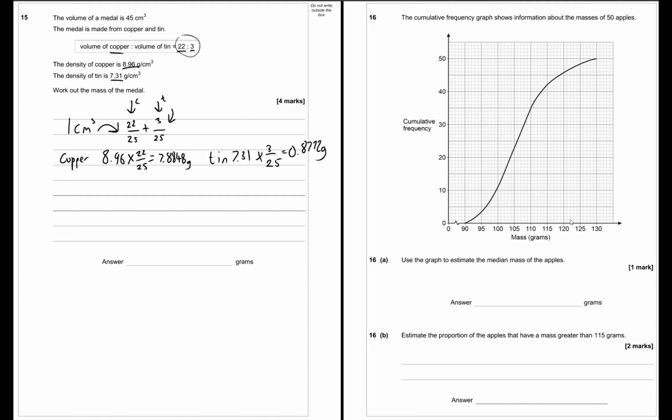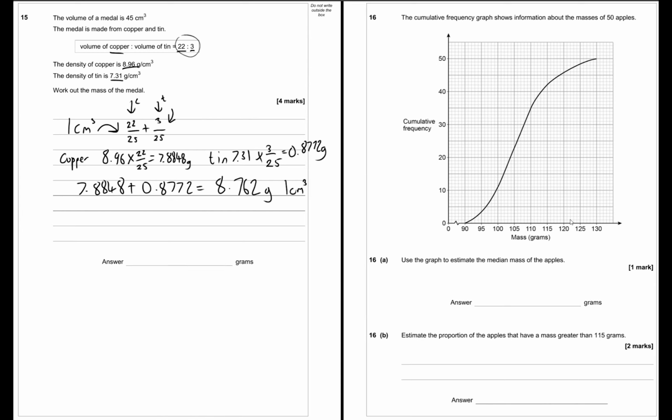So we need to add these together. So we're going to get 7.8848 plus 0.8772. So put that in your calculator. You are going to get 8.762 grams for 1 centimeter cubed of this metal.